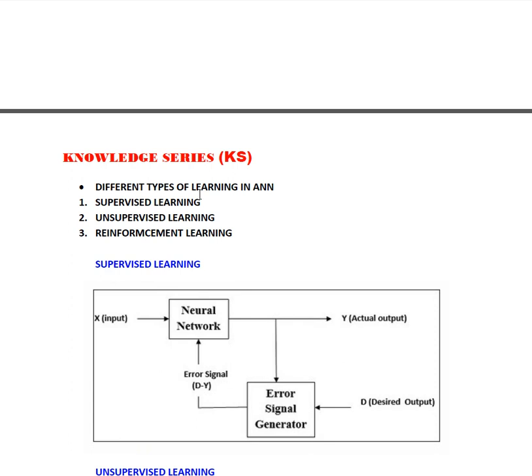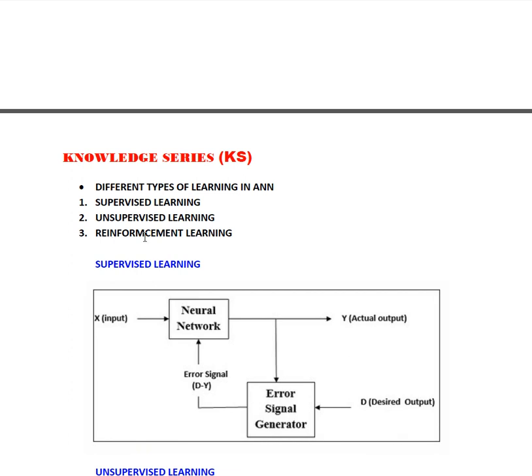Say, for example, take a child who is learning. A child can learn with the help of a teacher, a child can learn in the absence of a teacher, or a child can learn by experience. So that is how these training or learning mechanisms are used.